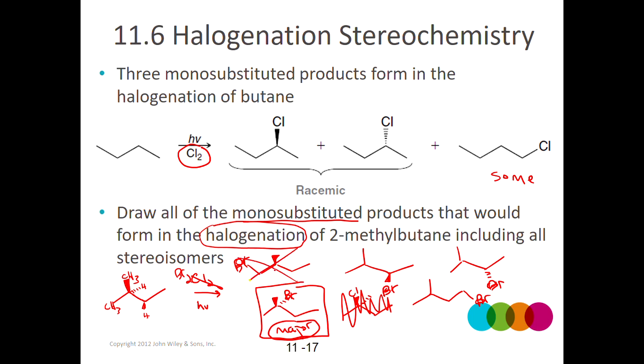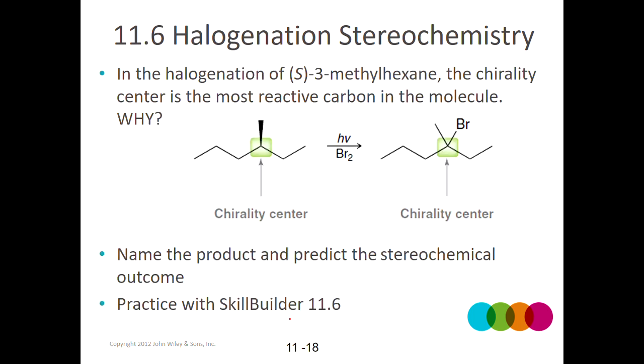So these ones are probably all now minor enough that they wouldn't form in significant amounts, and I can get, really in this case, one product to form pretty selectively. If I want to form that, then I can carry it through to another step in the synthesis and do a variety of other reactions like substitution and elimination and things like that. And so that's basically what we're talking about here.